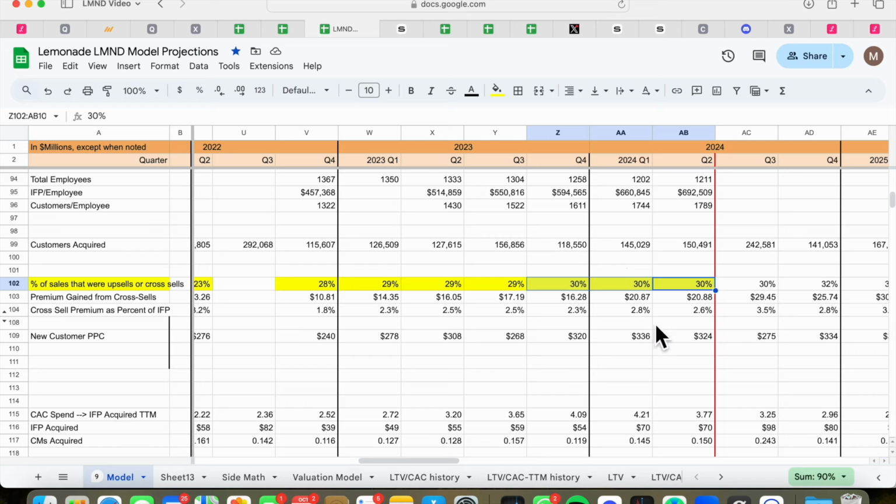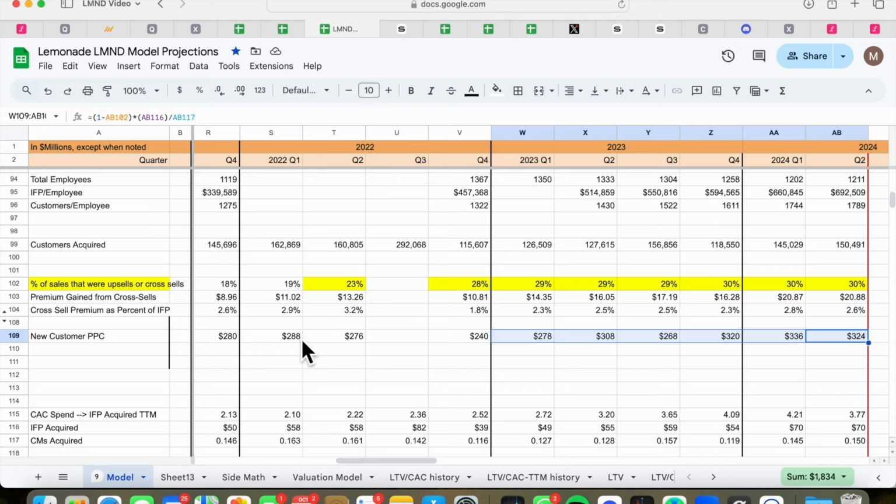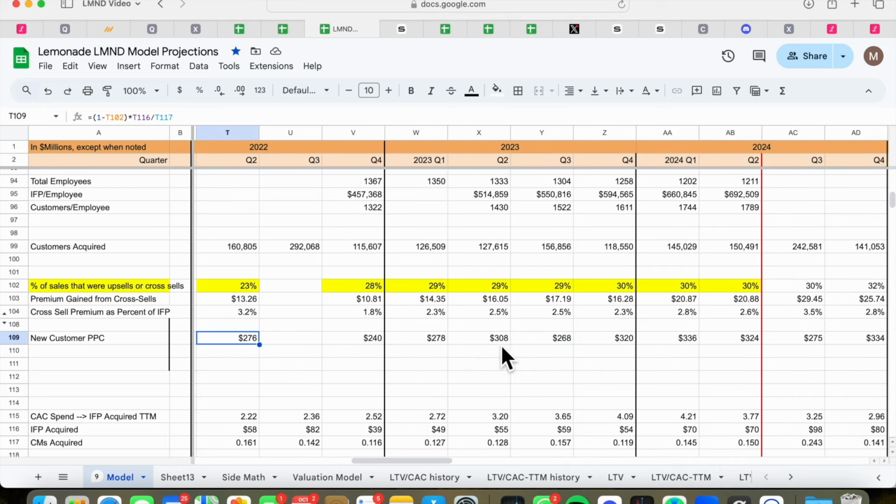And then you get an equation, or results, for what the new premium per customer might be. You can see a few years ago it might have been in the $200 per customer, and now it's scaling up to maybe it's more typically been $300. It depends on the quarter too, because in Q3 they probably get more renters joining the company. So it gives you some idea there.